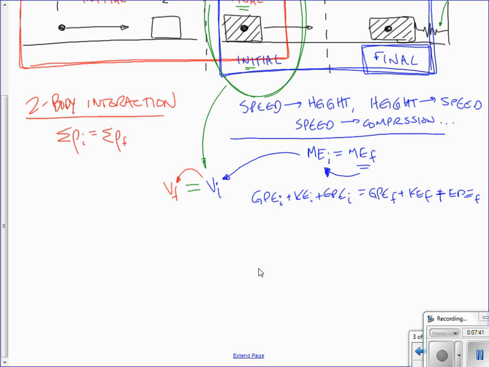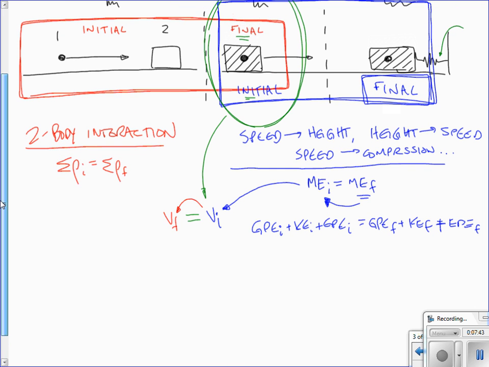In the beginning of our blue part, those can both go. They're both at the same height, we'll call it 0. The block comes to a stop. In the beginning of the blue part, the spring is not compressed yet. So we can say 1/2 m v initial squared equals 1/2 k x final squared.